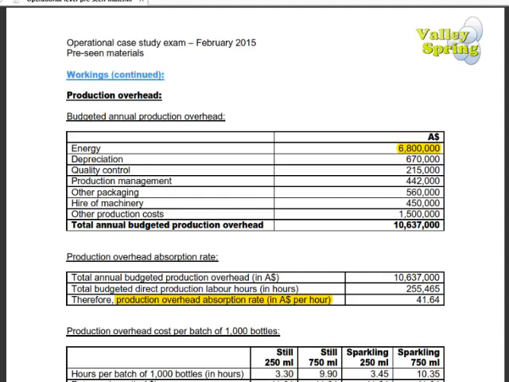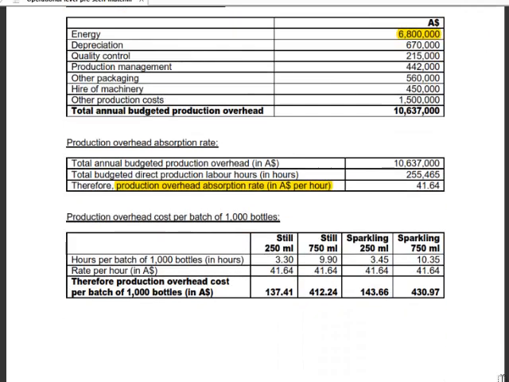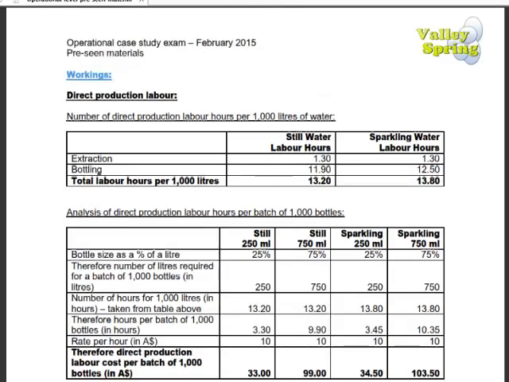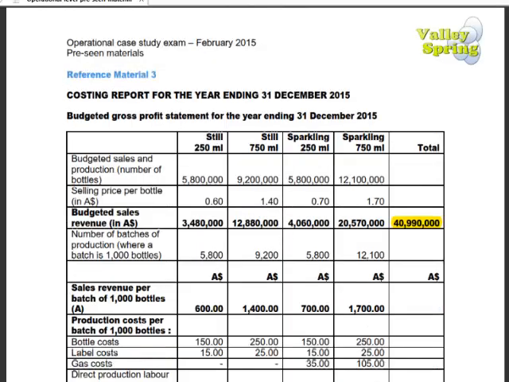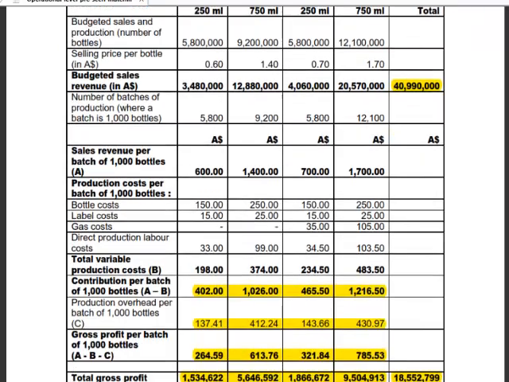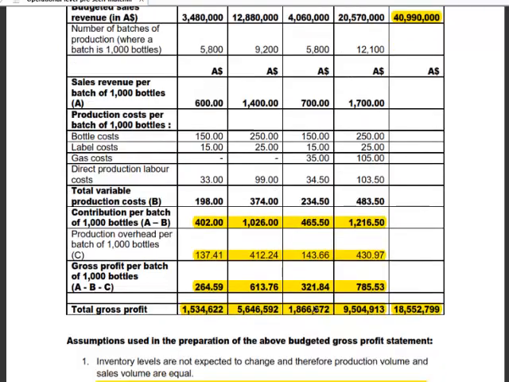Let's redo this absorption cost, not on the basis of direct labor hours, but on the basis of activity-based costing. And if that were the case, what sort of contributions or gross profits might we get on that basis? And does this make any difference to our decision to increase or decrease the carbonated water?